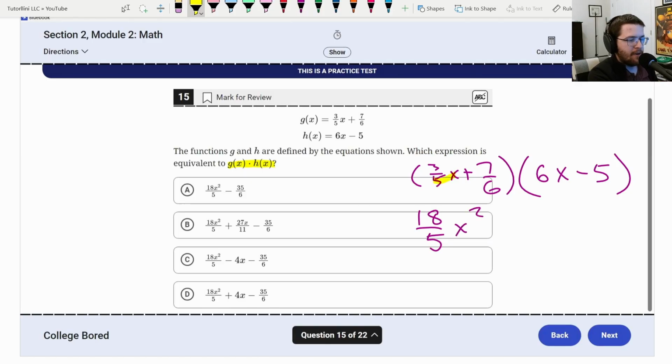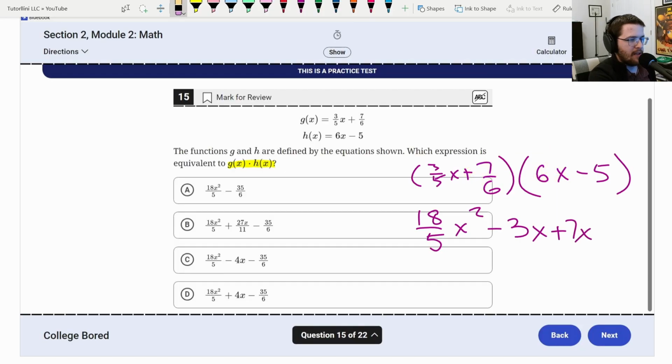Now I'm going to do outer, so that's this one and this one. Negative 5 times 3/5 is negative 3, and there's no x in the other one, so it's just x. Now if we do inner, so that's 7/6 times 6x. 7/6 times 6 is 7, and there's just one x, so this is plus 7x.